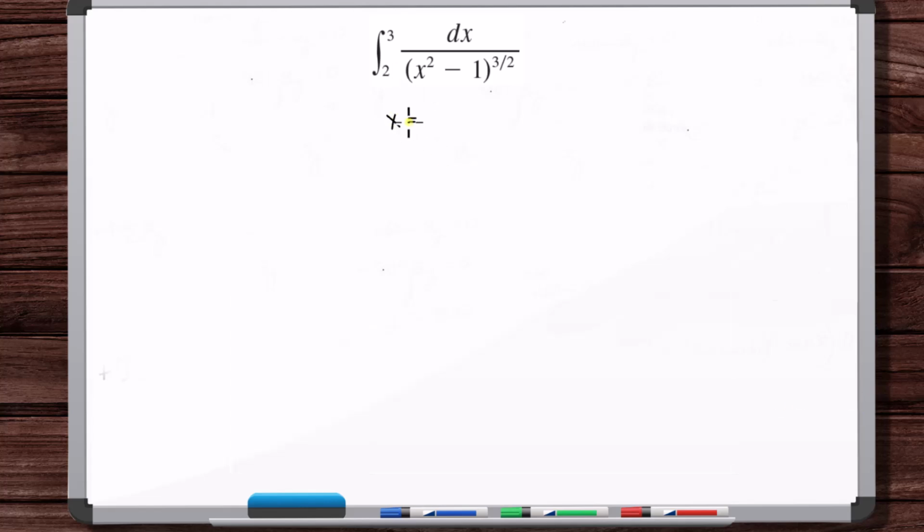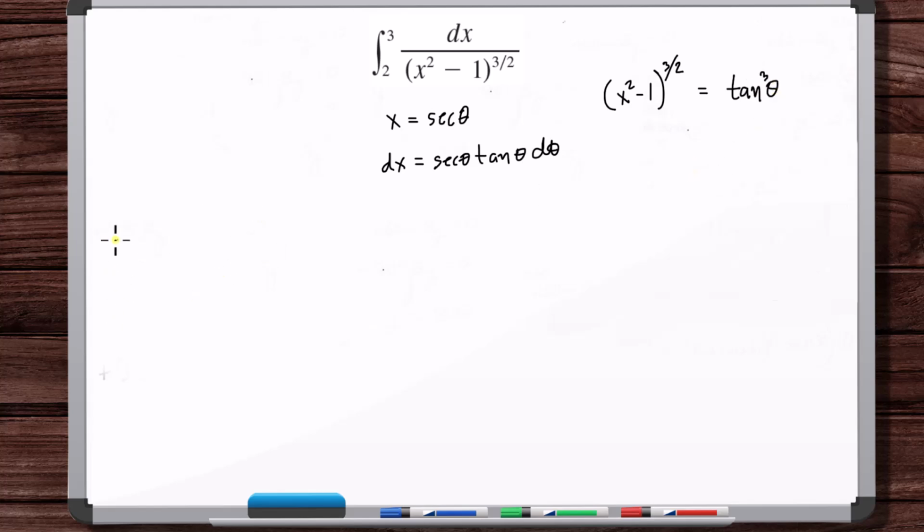So we want to substitute that x is equal to secant theta. So dx is equal to secant theta tangent theta d theta. And so we just did this, and we saw that the square root of x squared minus 1 is tangent theta. So that means that x squared minus 1 to the 3/2 is going to be tangent cubed theta, right?